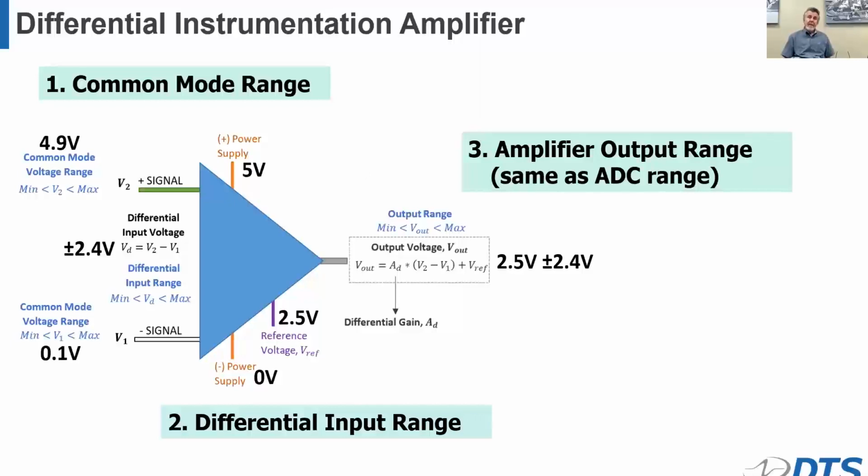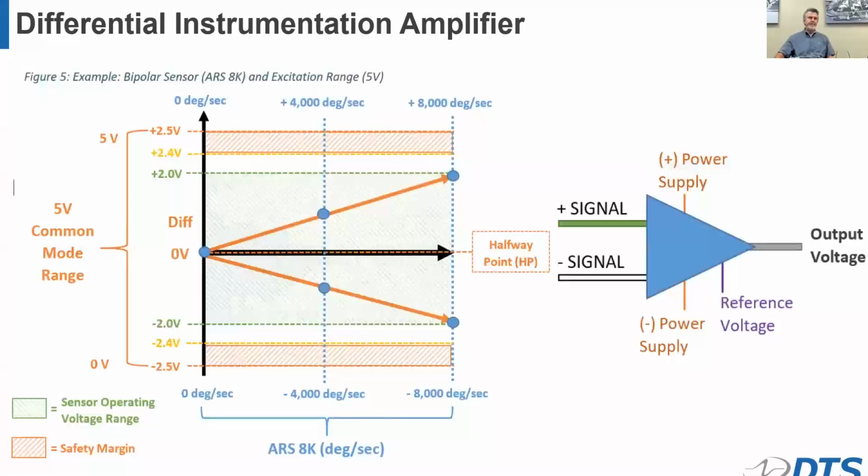This is the same as the analog to digital conversion range. So all the systems have an analog to digital converter that, if you review principles of DAS, takes continuously changing signals and digitizes them into steps that represent the voltages in time. So this output range has got to be the same as the A to D converter range.